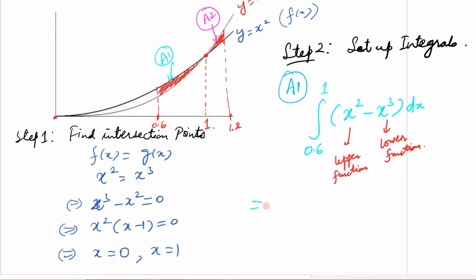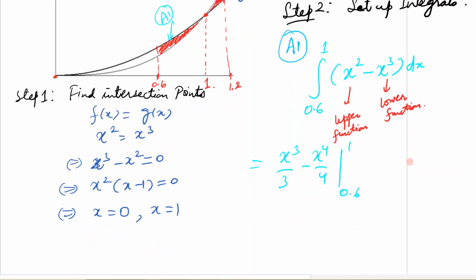The integral of x square minus x cube is x cube over 3 minus x to the 4 over 4, and the limits are from 0.6 to 1. We do upper limit minus lower limit. So we get 1 over 3 minus 1 over 4, and then minus 0.6 cube over 3 minus 0.6 raised to power 4 over 4.